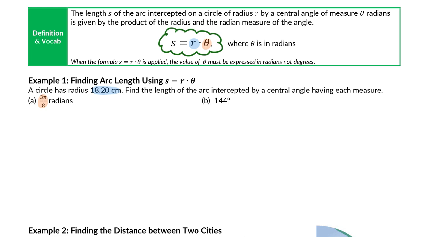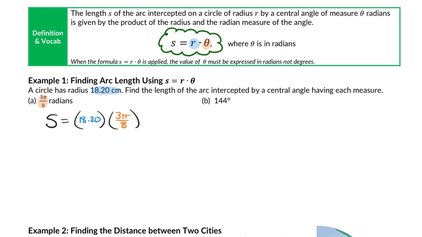So all we have to do is fill in that formula where we would say arc length is equal to r times theta, where r is 18.20 and theta is 3 pi over 8. Easy peasy, right? Should be.